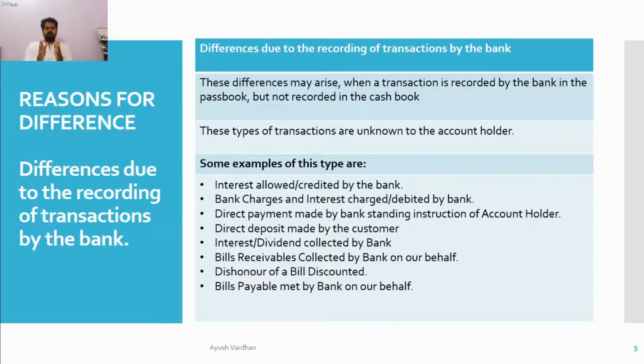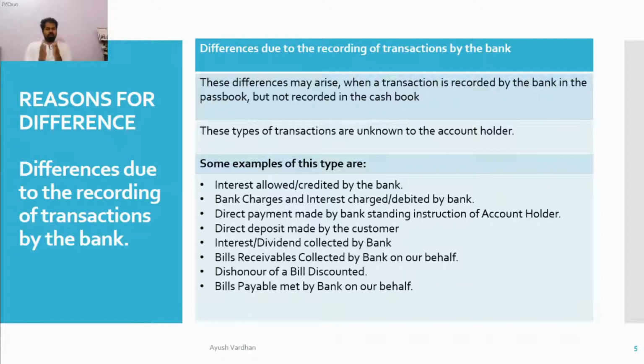The bank may be charging some amounts like interest or annual charges, or the bank is paying you some dividend or interest, or the bank is paying a third party on your behalf. Like you have told the bank, directly make my health insurance payment.